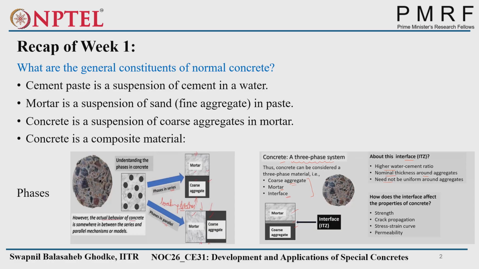Some of the water in the concrete will bleed towards the surrounding of the aggregate, and because of that, a higher amount of water content will be available around the coarse aggregate. Because of that, one separate layer will form surrounding the aggregate. It is not necessarily uniform around the aggregate. But what happens because of the higher amount of water content?